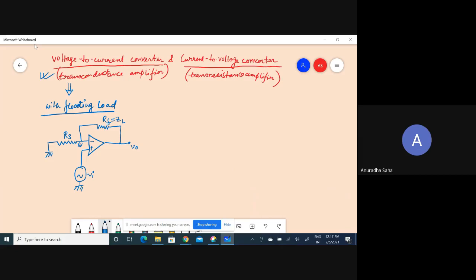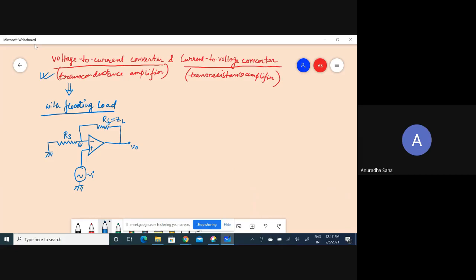Whenever a load is connected from the output to the input side, whatever be the load resistance or load impedance, if it is not connected directly to the ground by some electrical connection, then I can say that this load is floating in nature.